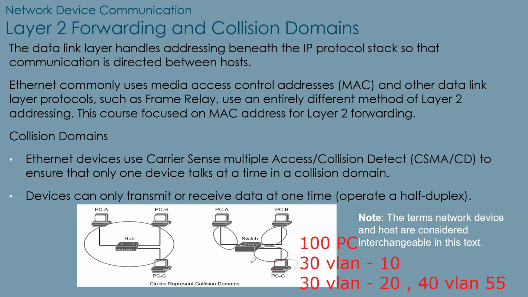Rather, create different VLANs and put those PCs in different VLANs, because different VLANs, or virtual LANs, are different collision domains. So you can restrict the communication within the VLANs.